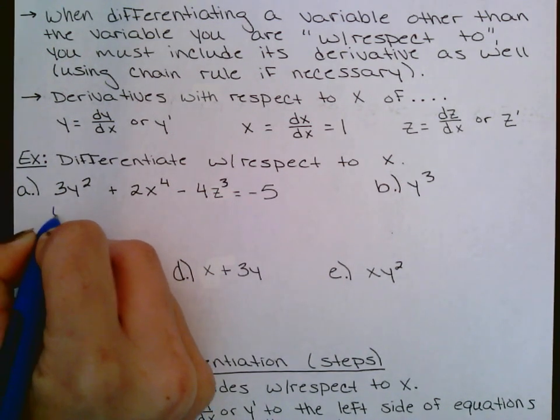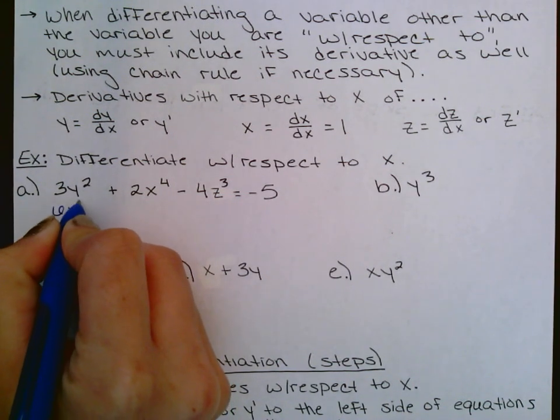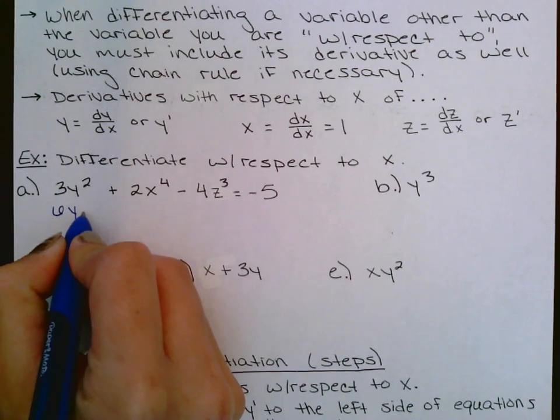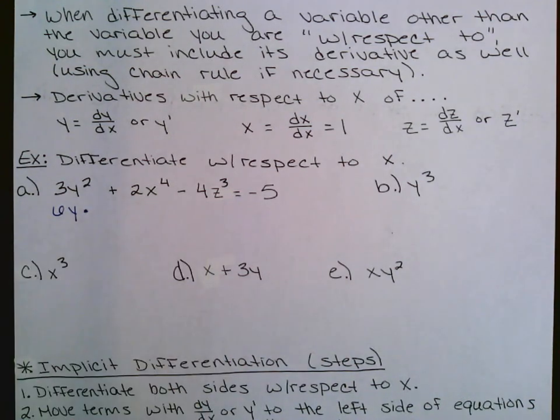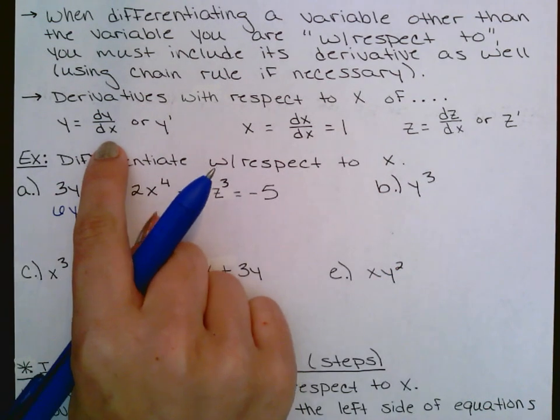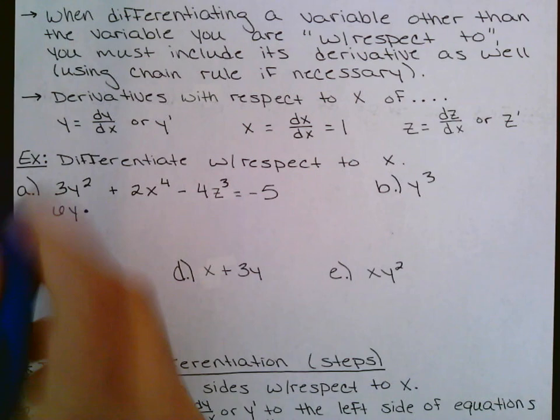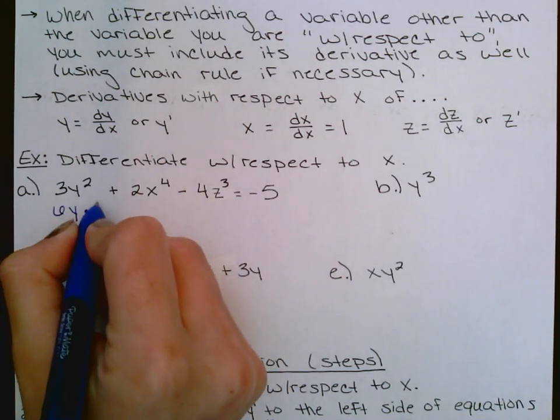So I would get 6. I'd rewrite the inside. This exponent would have gone to the first power. And then when I do times the derivative of the inside, derivative of y with respect to x is dy dx or y prime. So this time I'm going to use this notation, okay?